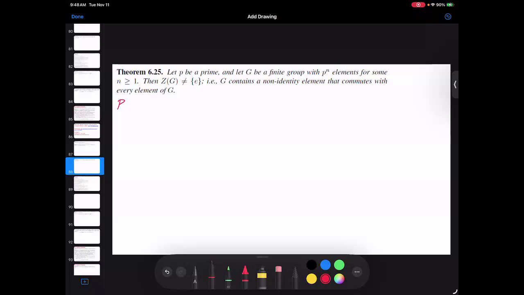So, proof. Any thoughts about how we should prove this? This is in the book, and it's a really nice formula that we've proved, but haven't really used yet.